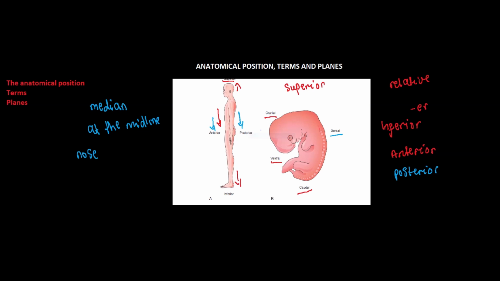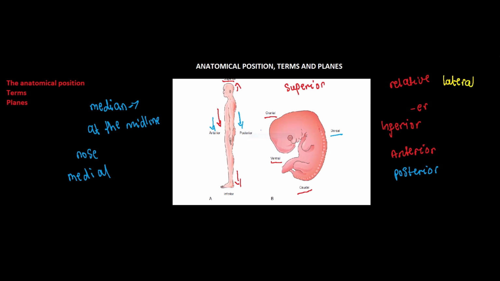So we can say, for example, that the nose is a median structure. Now, a relative term for median would be medial with an L. Medial means closer to the midline, while median with an N means at the midline.